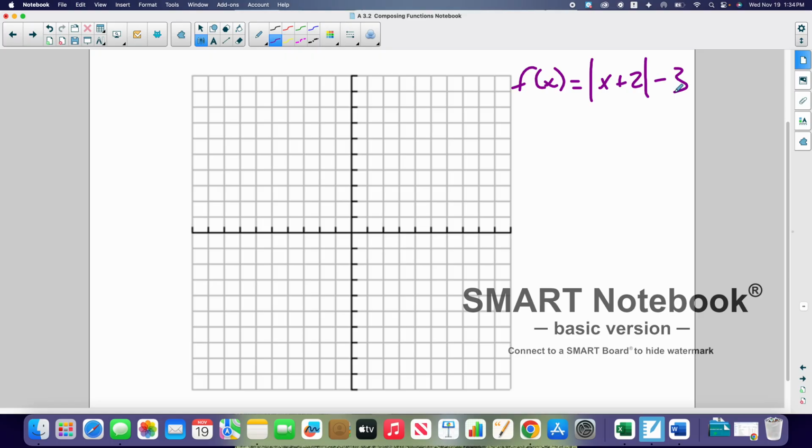This is not a piecewise function. Make sure we're graphing. It shouldn't take very long. Name the transformations, then draw me a picture of that graph.